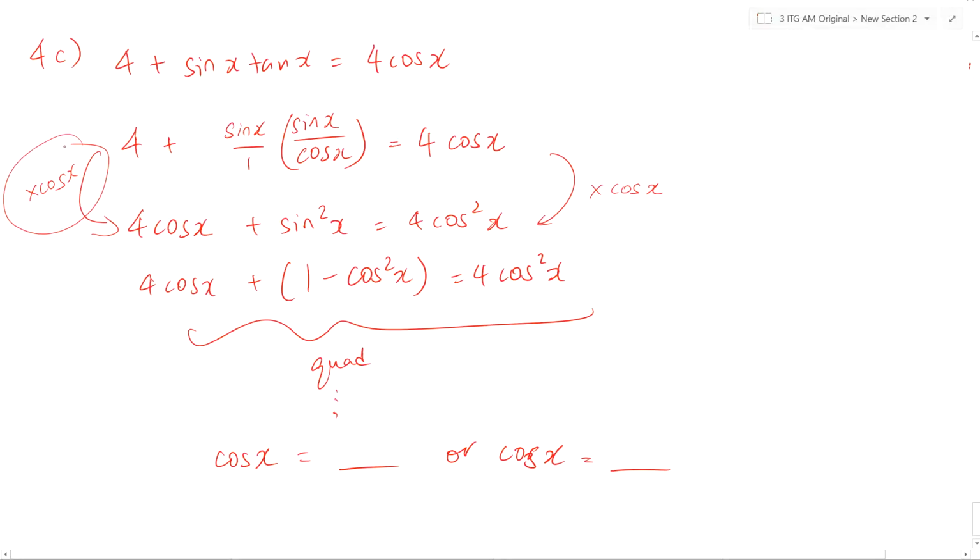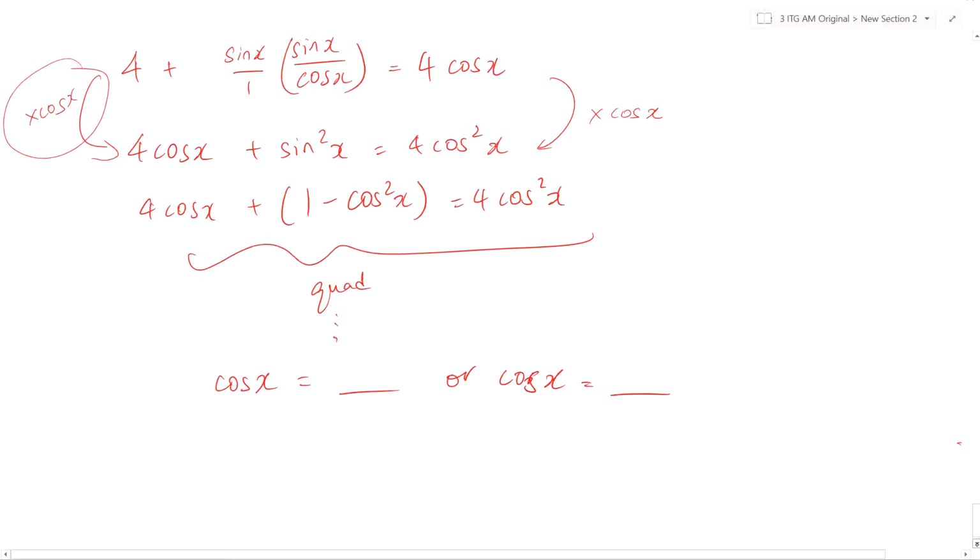Okay, anybody needs help for 4D? 8 times 1 minus cosine square x. What shall we do first?